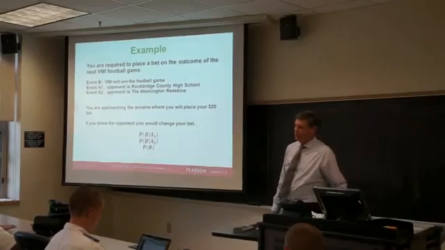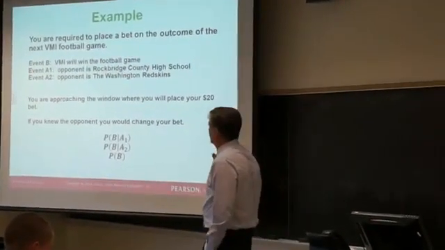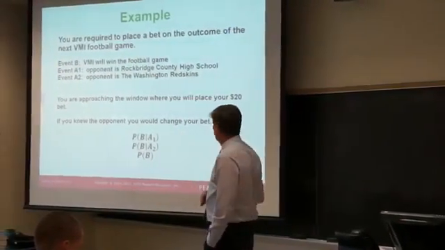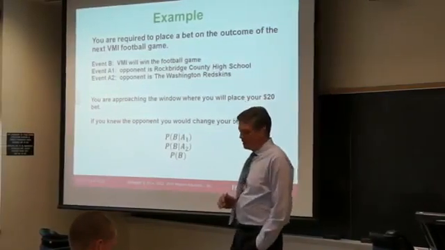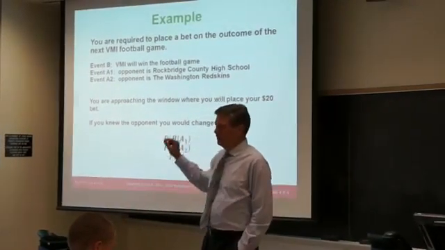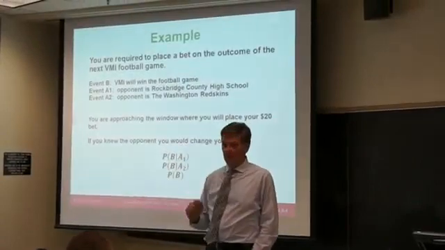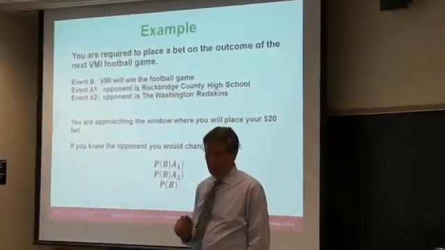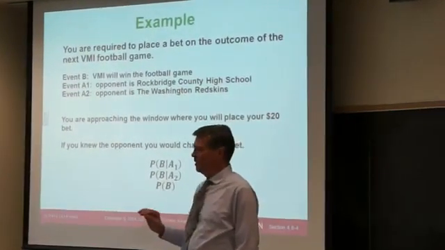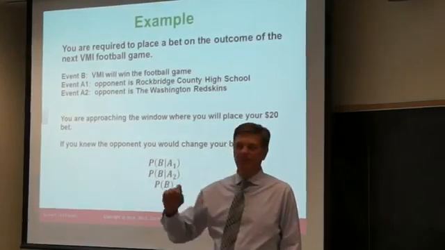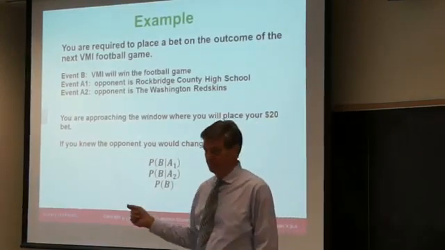All right, some examples to get your mind set for Bayesian probabilities. Let's suppose the event we're interested in, event B, is VMI is going to win the football game. With no other information, you come up with a probability P of B, probability of winning.